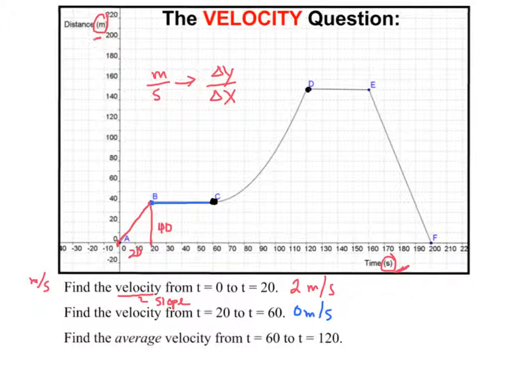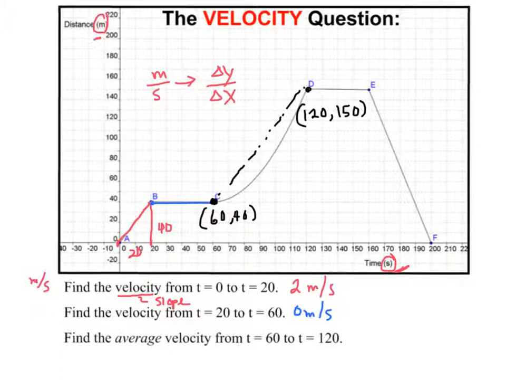So we can't say what the actual slope is at every point between 60 and 120. Instead, we're going to say what the average is. So what we're really calculating here, I'm going to just kind of do a dotted line, is the slope between those 2 points. So this point is 60, 40, and this point up here is 120 and 150.